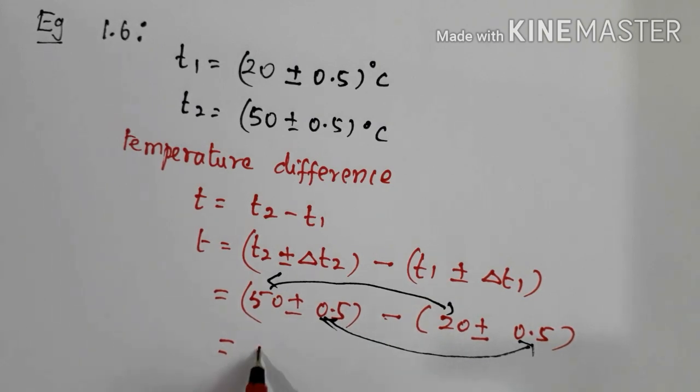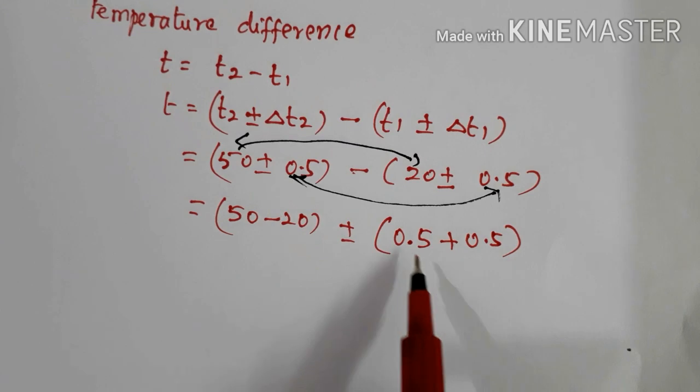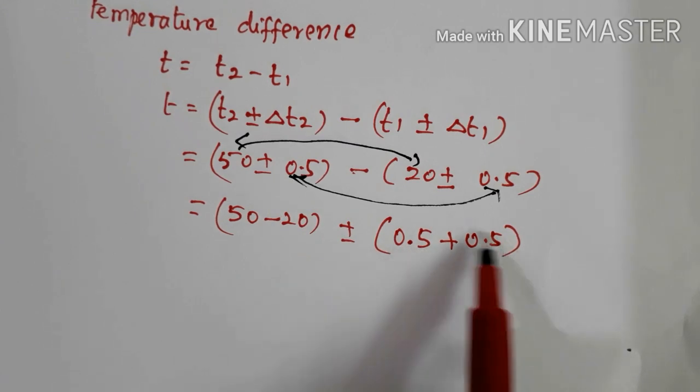So 50 minus 20 plus or minus, the absolute errors always have to be added. Remember that, children, this is important. Absolute errors have to be added. Errors will never cancel. Even in subtraction, errors will never cancel. They have to be added.